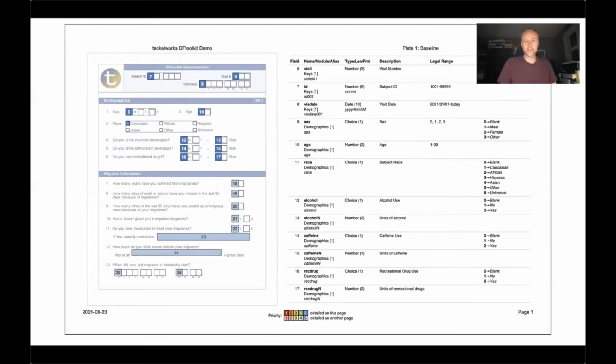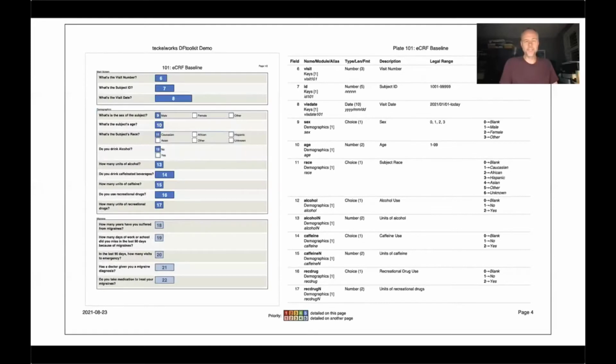Here's an example of what a page would look like from the annotated CRF generator. On the left side, you see the CRF image. You'll notice that it's faded out, and the purpose of that is to allow the field boxes and the field numbers to stand out more so they're easy to read. On the right side, you see the major field properties.